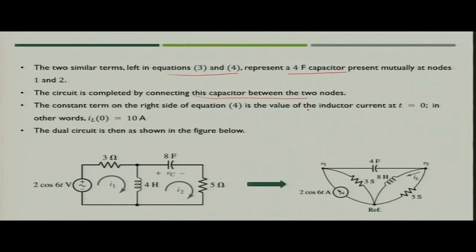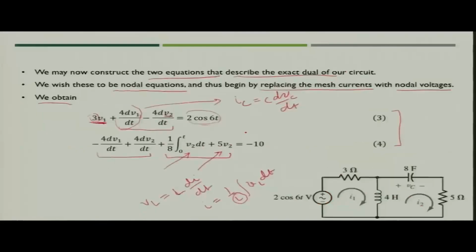Finally, what is left? We are left with the equation 4 value, that is, inductor current at t equal to 0, because here, if you see, the value of minus 10 is coming, and since this is the equation for the node and this is representing the current value, the dual of that is: the voltage across the capacitor was minus 10 volt.